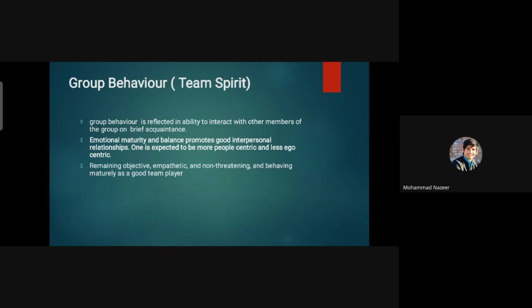This talks about good interpersonal relationships. Again, I quote this line: it is expected that you should be people-centric, not egocentric. It's not about all me, myself.